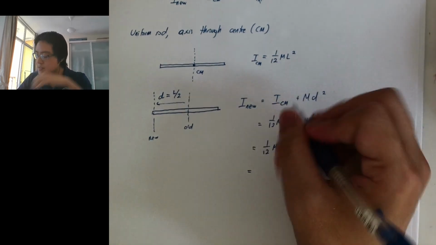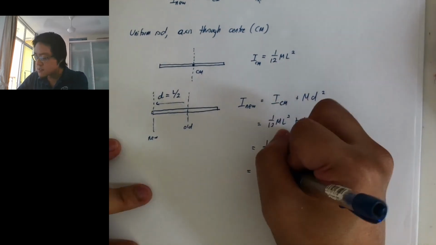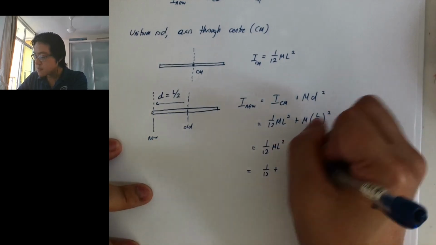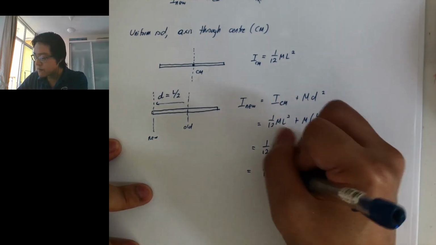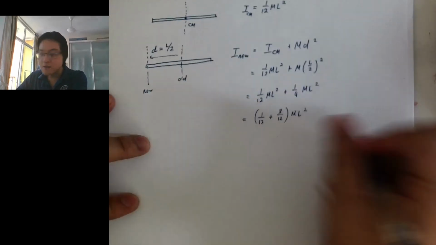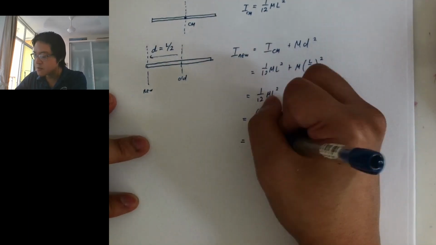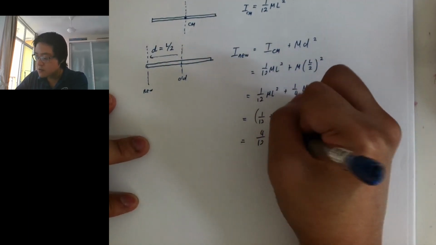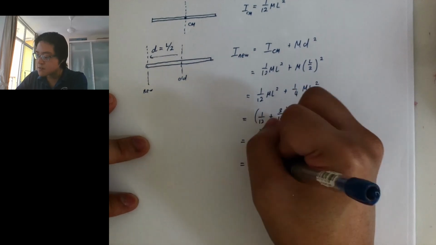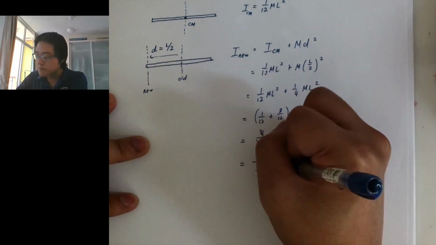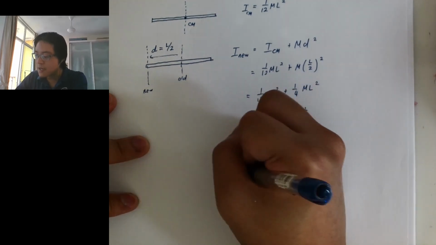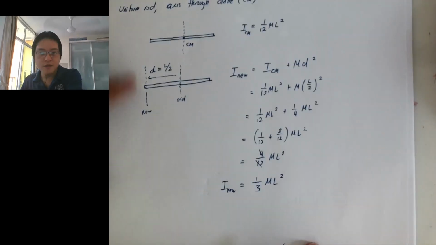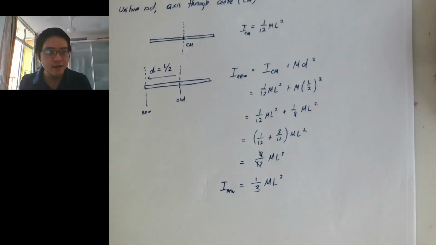As you can see, this plus this is 1/12 plus 3 times 1/12, so 3/12 ml square. Then 3 plus 1 is 4/12 ml square, so 4/12 is 1/3 ml square, which was what we got last time by calculating from the beginning.